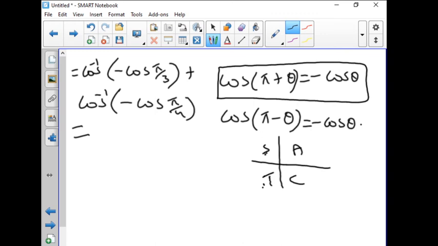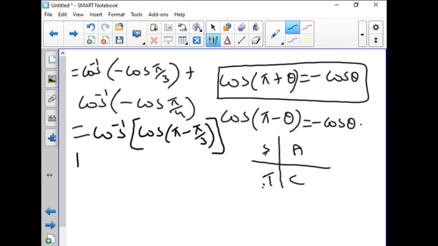So, we get minus cos theta. So, now minus cos pi by 3 can be written as cos pi minus pi by 3. Similarly, minus cos pi by 4 can be written as cos pi minus pi by 4.